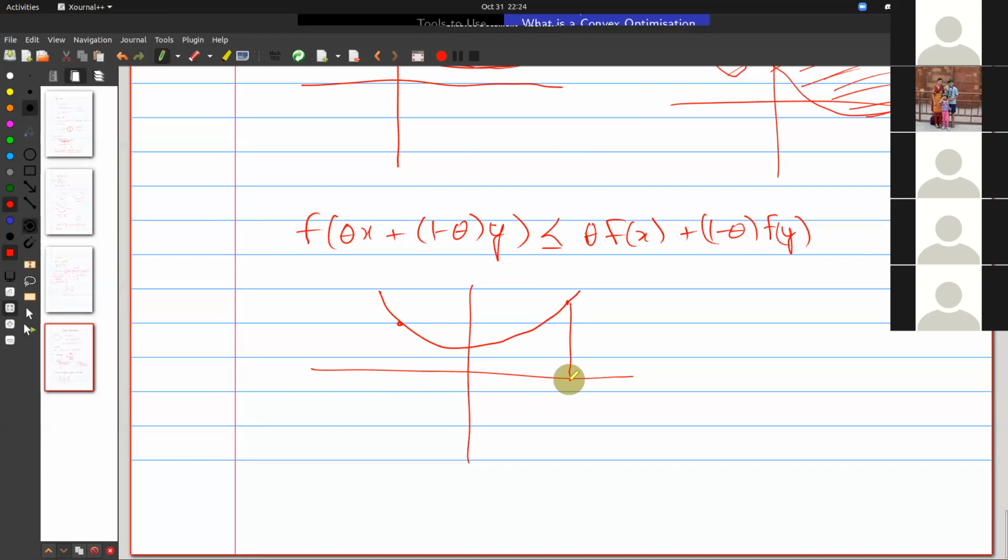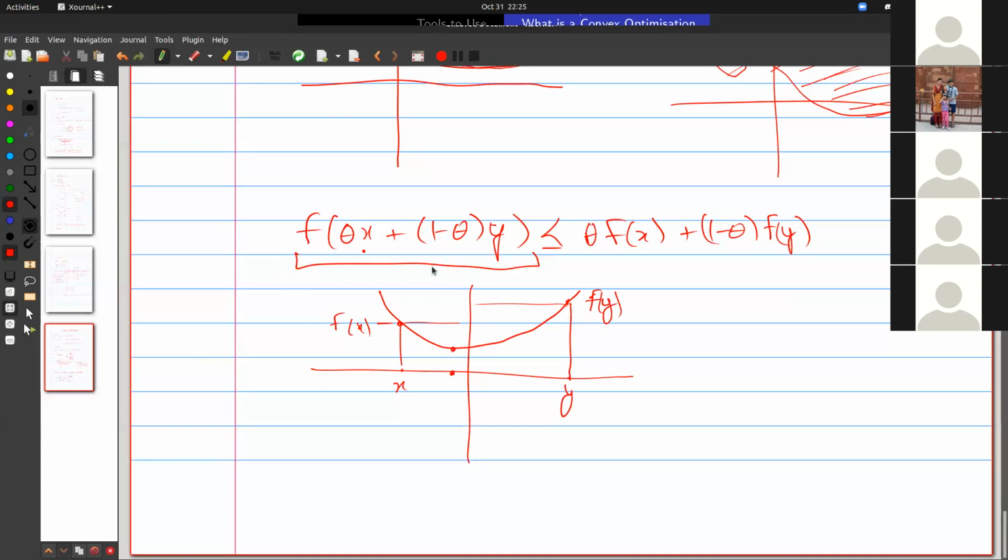So if this is x, this is y, this is f of x, and this is f of y. This level. Now what we mean by this is that f of theta x plus 1 minus theta y, which means a point lying somewhere in between x and y, the value of the function at this point would be lesser.